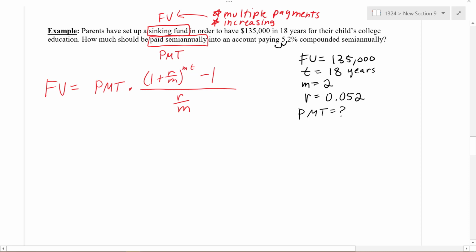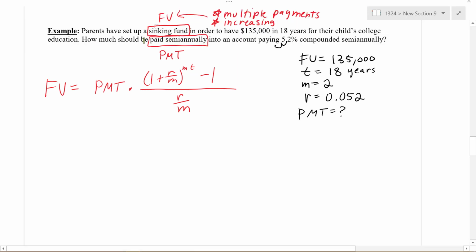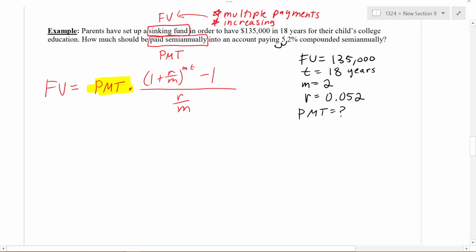So we're going to rewrite this equation to solve for payment. I want payment by itself on one side. In order to get rid of this fraction that's being multiplied times payment, I'm going to multiply both sides by the reciprocal of this fraction. So we're going to flip that fraction.